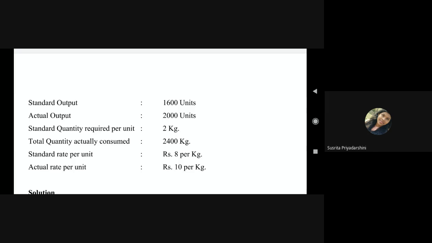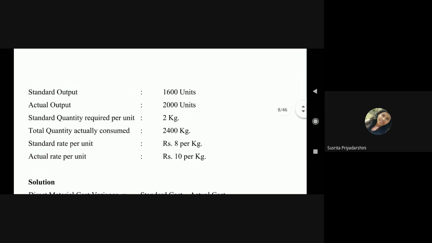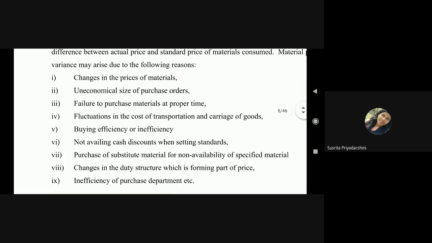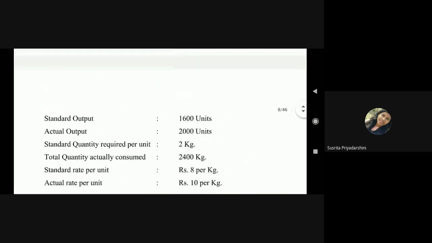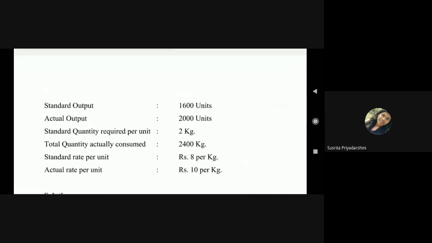Standard price per unit कितना है? 8 रुपया per kg. Then यहाँ पर 10 रुपया per kg. So 8 minus 10 multiplied by 2400. So 2400 multiplied by negative 2 आ गया तो 4800. So 4800, it is a negative figure. So actual rate, as it is exceeding the standard rate, there is a negative figure coming.